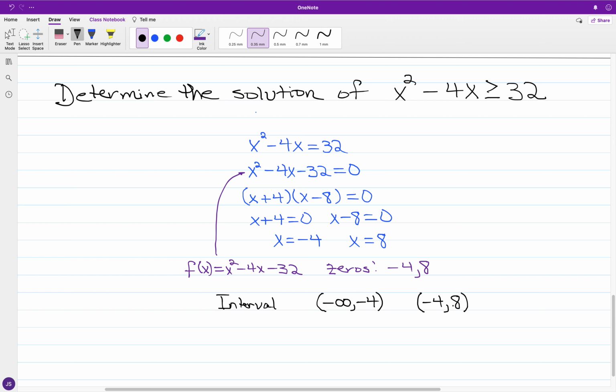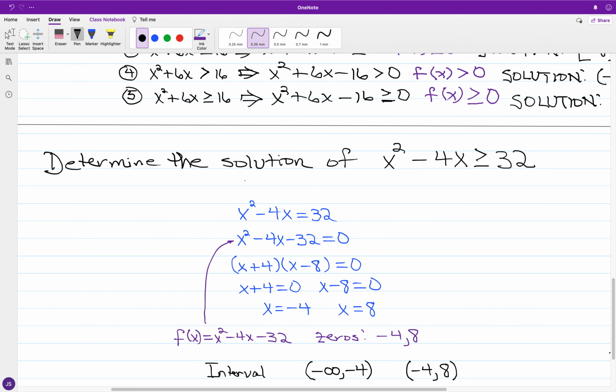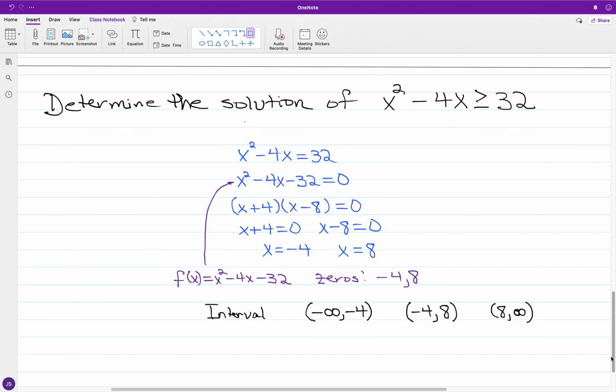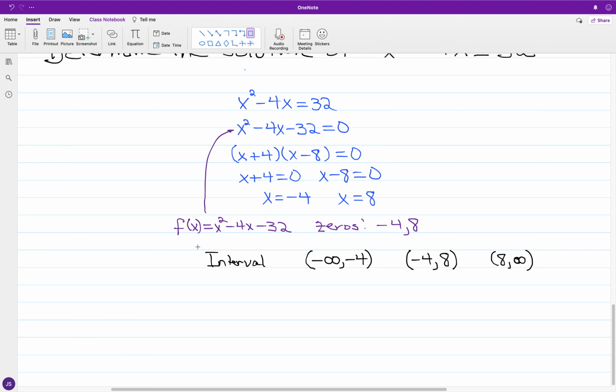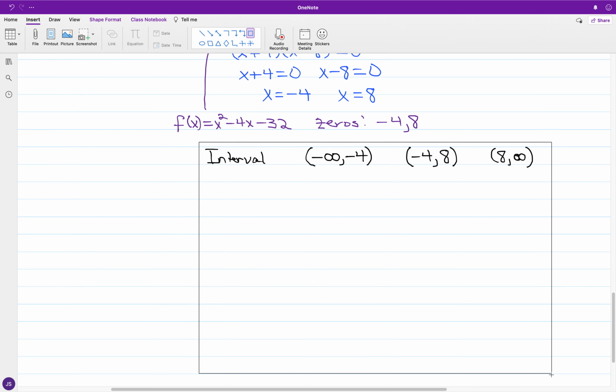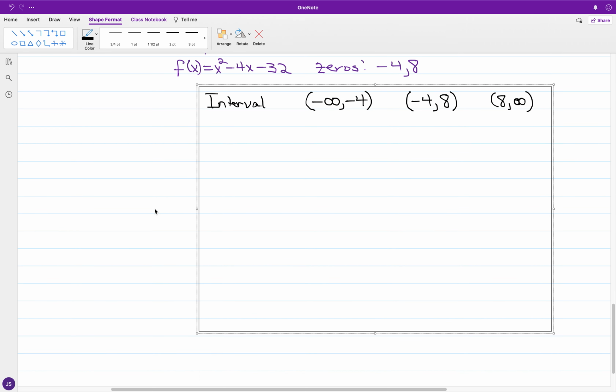Going from greater than 8, then bypassing, for the rest of the subintervals we'll have those values of x which will be greater than 8. And so in setting up a table, we divide the subintervals into separate column headings.